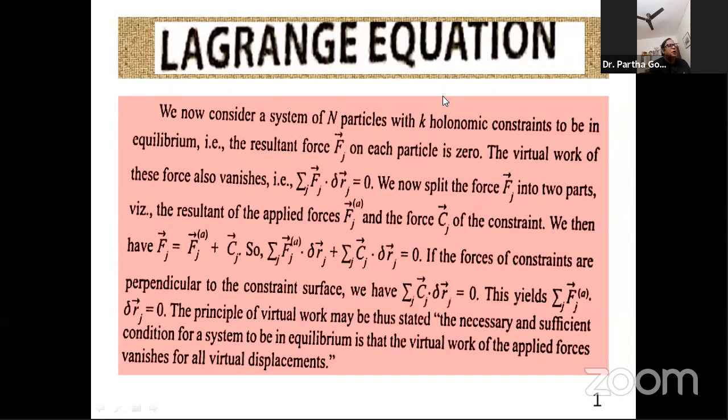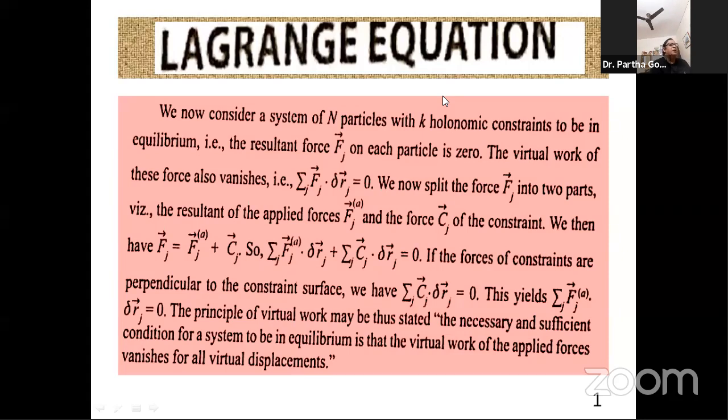So you have put in a constraint, a restriction on the movement of the particle. A restriction, of course, is expressed in terms of an equation, and a restriction or constraint bearing an equation is called holonomic.